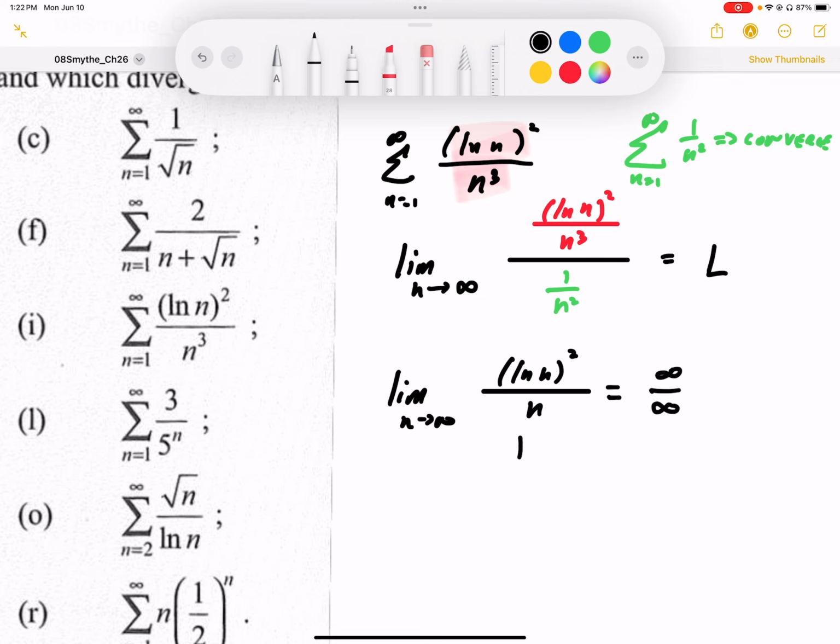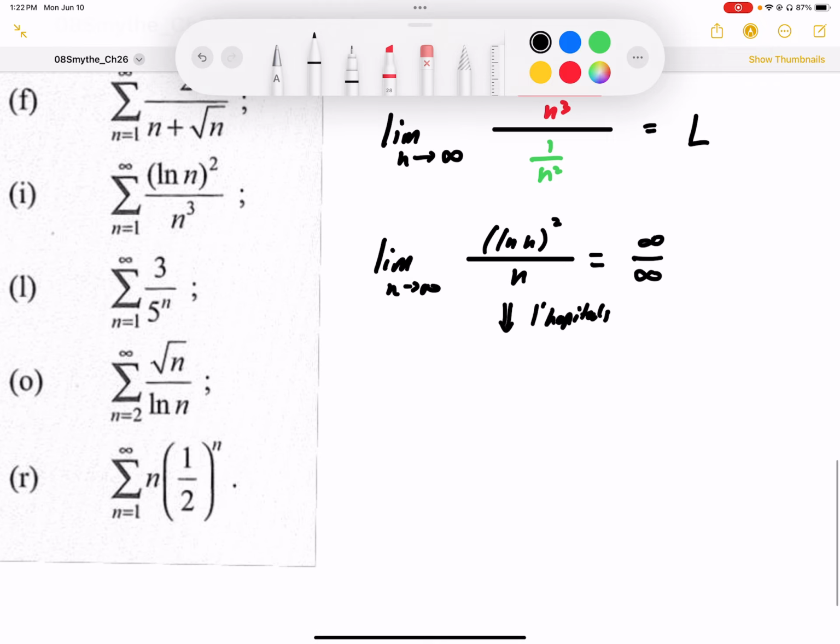Well, that means I'm going to apply L'Hopital's. Applying L'Hopital's, I'm going to end up with 2 log n times 1 over n, all divided by the derivative of n, which is 1.